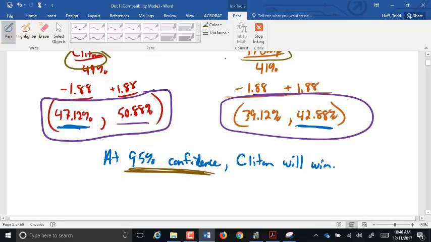And 95% of the time, the interval for Trump will contain the true percentage of people that will vote for Trump. So if that's the case, then at 95% confidence, these intervals won't overlap, and we should be able to relatively safely predict that Clinton is going to win.